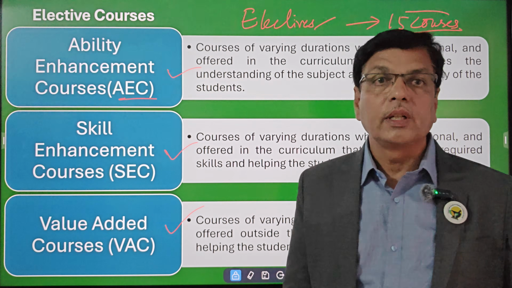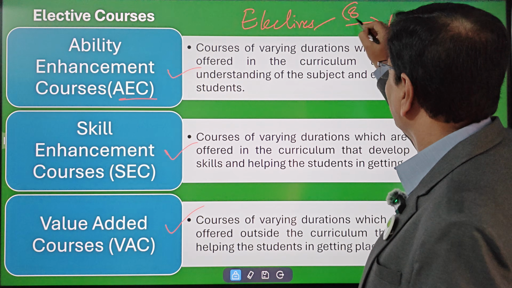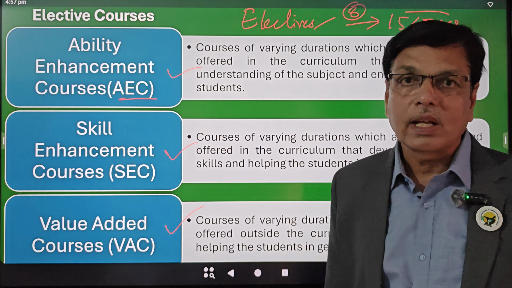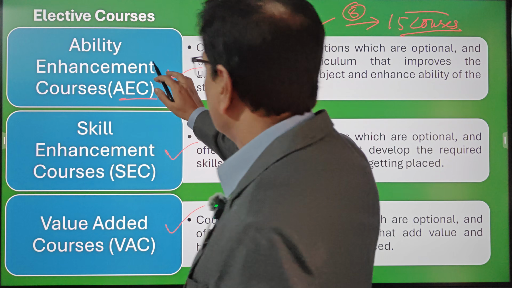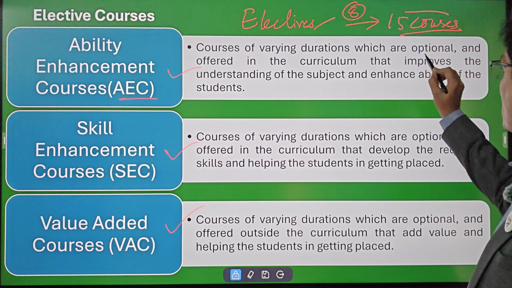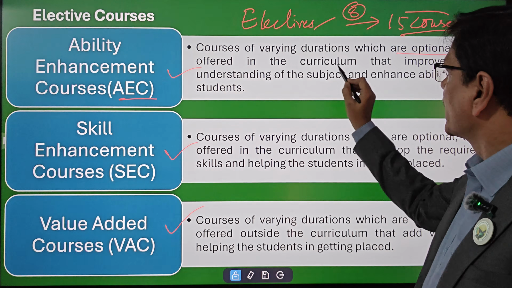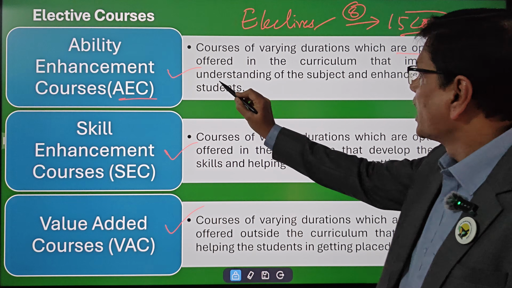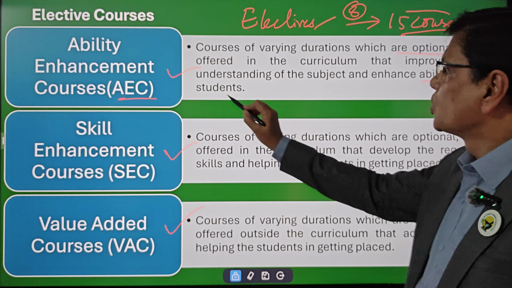Out of 15, we have to choose 8 courses, which are distributed over the semesters. Ability enhancement courses are courses of varying duration which are optional. They are elective and offered in the curriculum to improve the understanding of the subject and enhance the ability of the student.